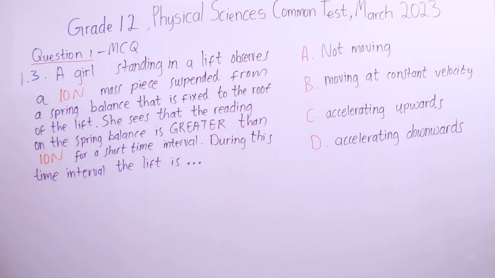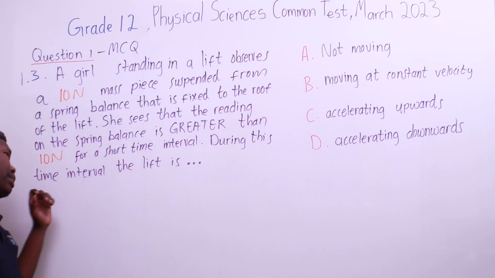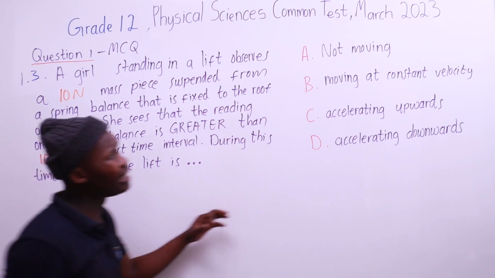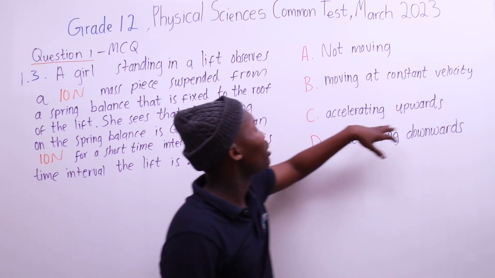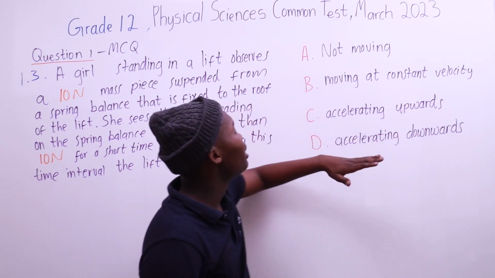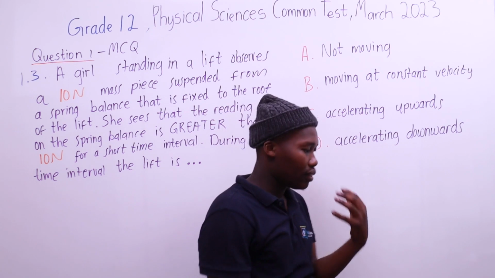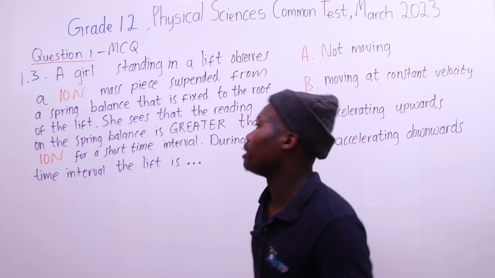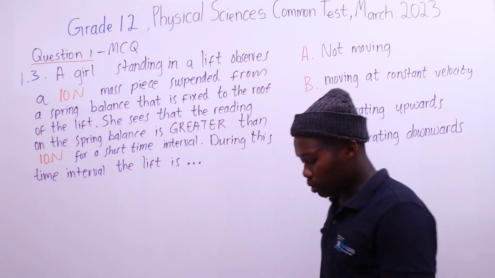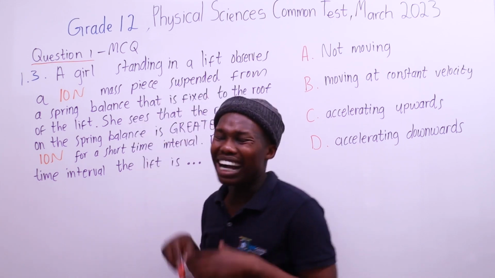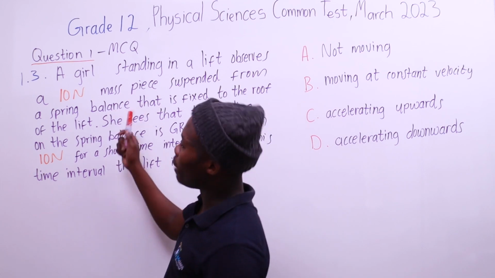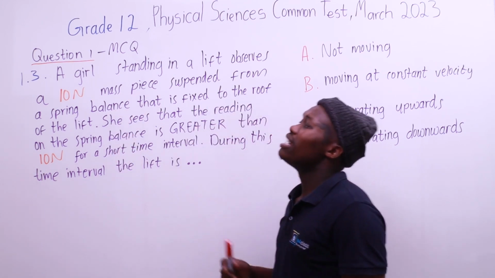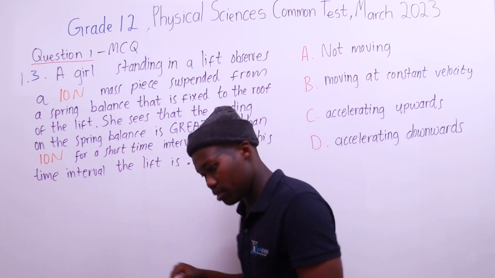So they ask: during this time interval, is the lift not moving, moving at constant velocity, accelerating upwards, or accelerating downwards? Let us try to choose now. We know that the girl inside the lift sees the mass piece suspended by a spring balance, and it reads 10 newtons. Then she checks the reading on the spring balance, and in some time interval it went above 10 newtons.